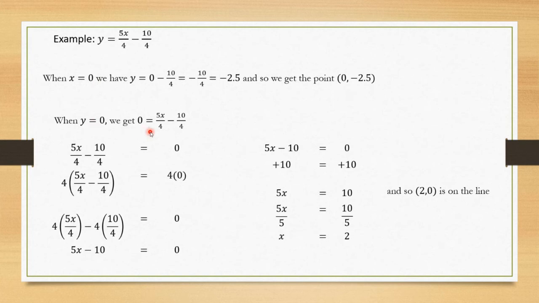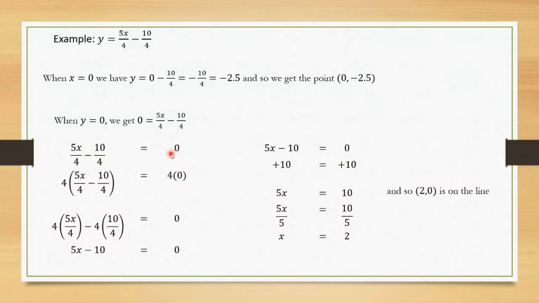Now I'm going to figure out what x is. Again, I'm trying to get 2 different points on the line. So I have y equals 0, then I want to figure out what x is. That's what I'm doing here.